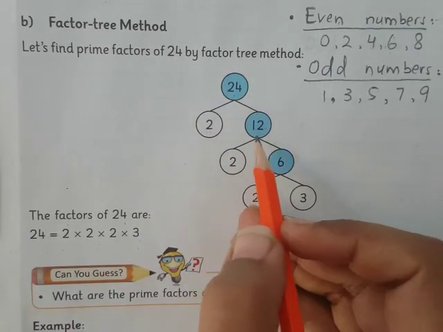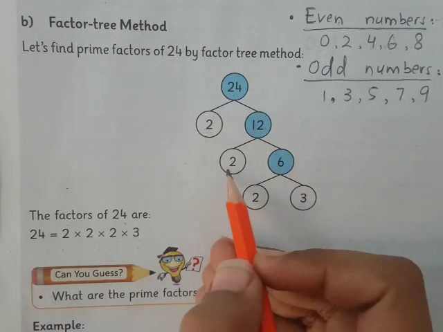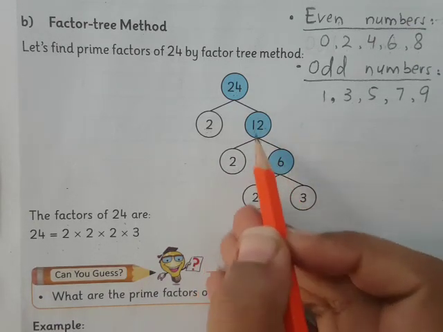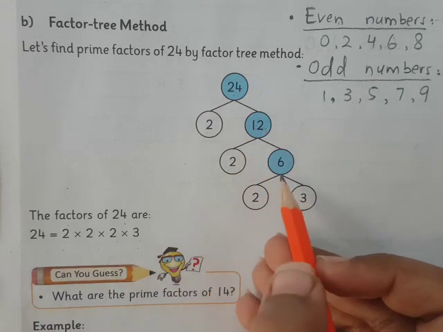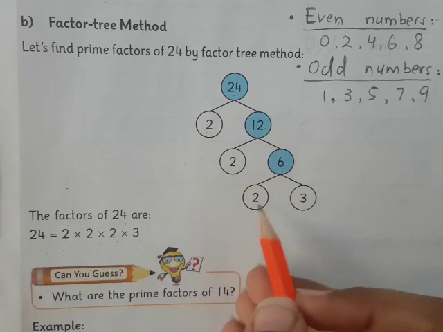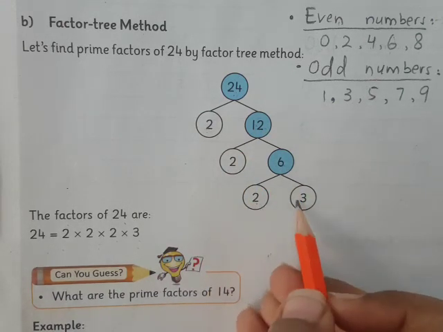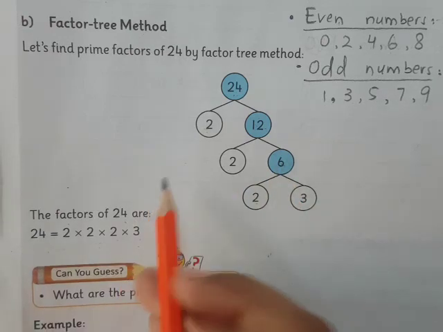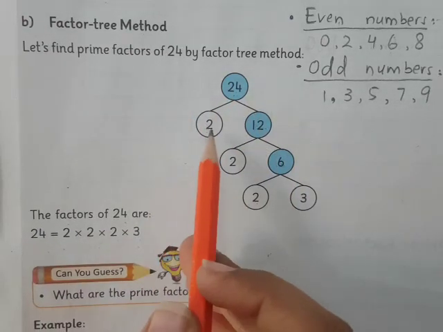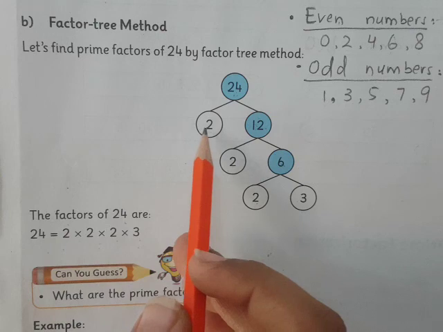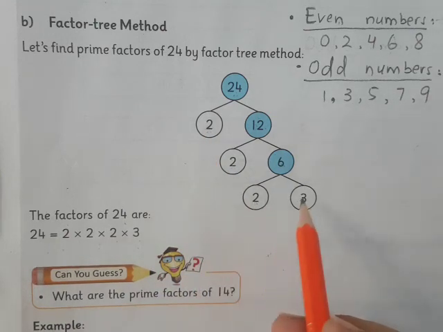Now we will again divide the number 12 with the same prime number. 2 6s are 12. Now we will further divide the number 6 with the same number 2. 2 3s are 6. So, in this method, the factors of 24 are 2, 2, 2 and 3.